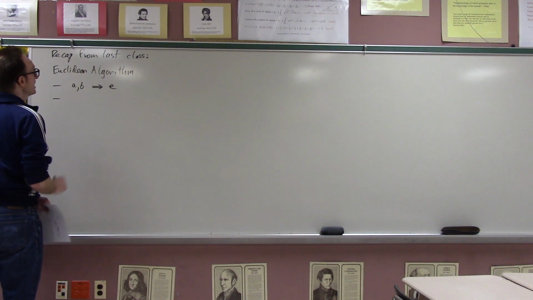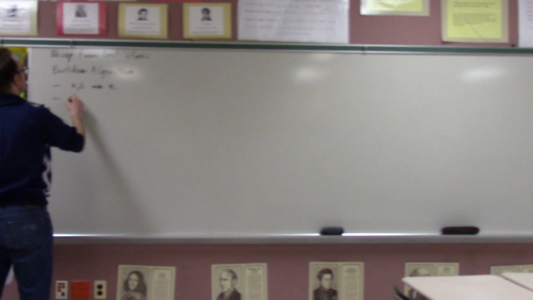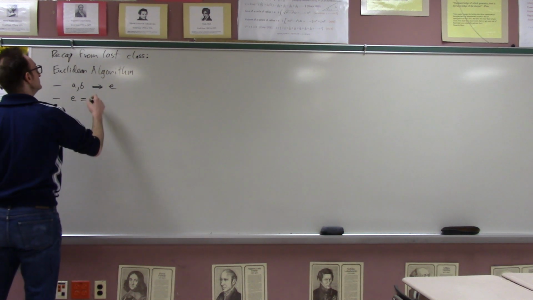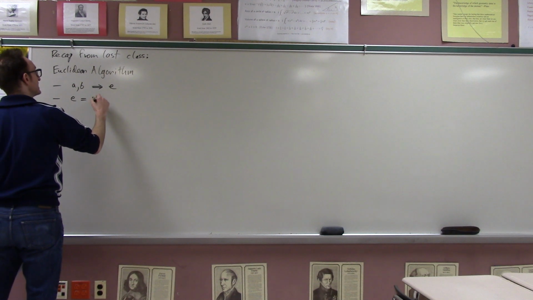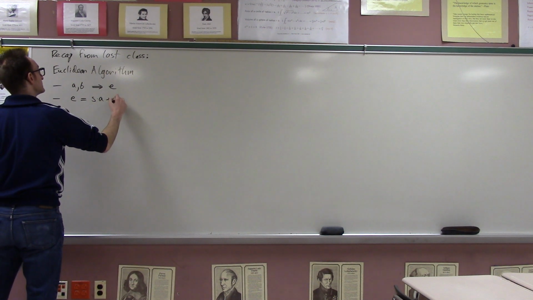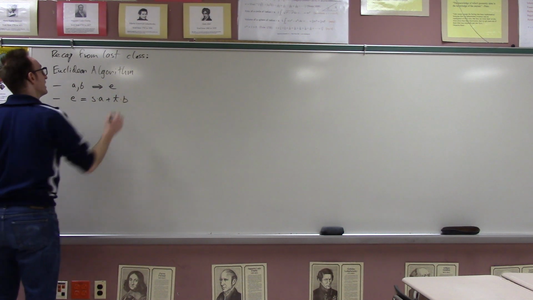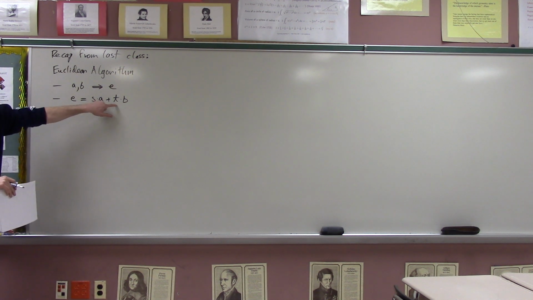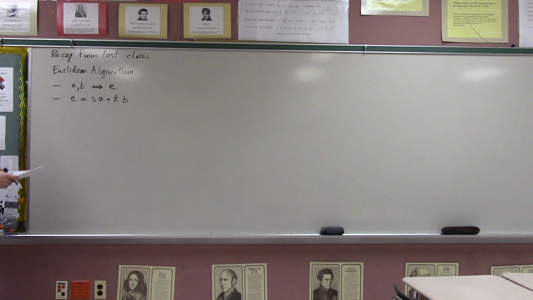We then showed that this number E can be represented as a linear combination, so a sum of products of constants times the numbers A and B, where S and T are integers.